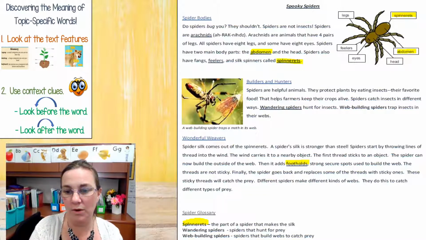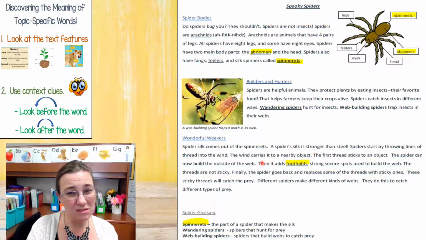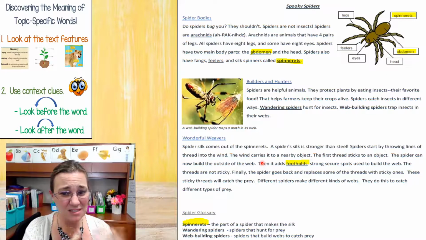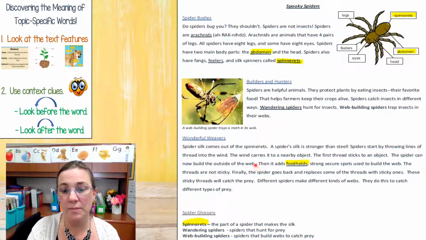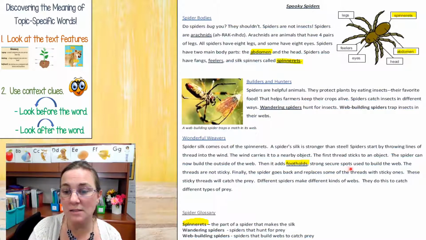Let's look before the word. The first thread sticks to an object. The spider can now build the outside of the web. Then it adds footholds. Are there any clues before the word? I still don't really know what that means. So let's look after the word. Then it adds footholds, strong, secure spots used to build the web.